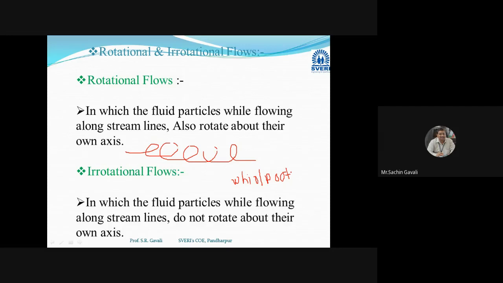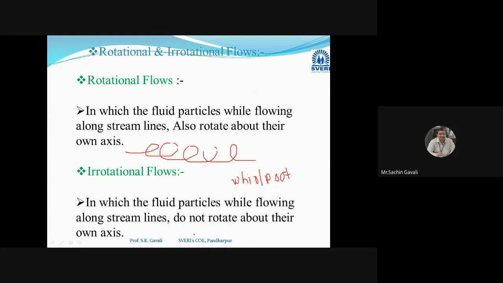Irrotational. What is irrotational flow? It is a flow in which the fluid particles, while flowing along streamlines, do not rotate about their own mass center. So this is called irrotational flow. In general, the flow of water in a pipe, the particles are not rotated along their own mass center, along their own axis. That is irrotational flow.